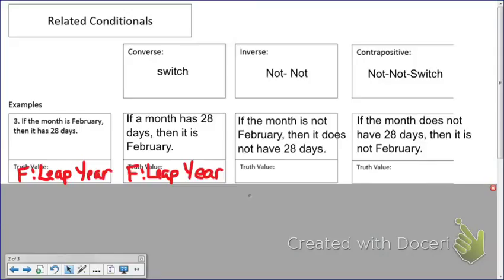And this is true. The contrapositive, if the month does not have 28 days, then it is not February. This is also false, again, because in a leap year, February has 29.